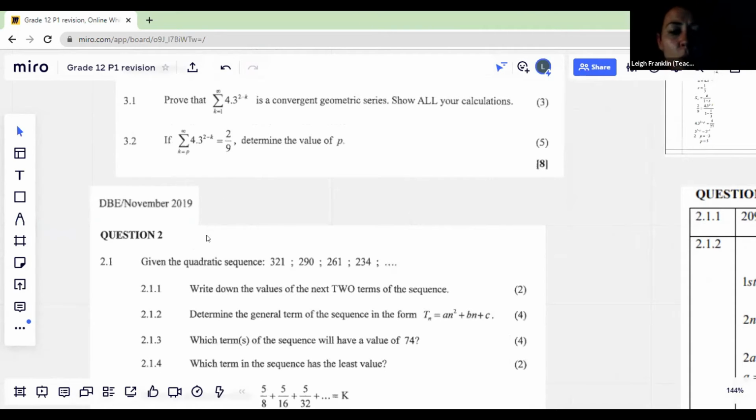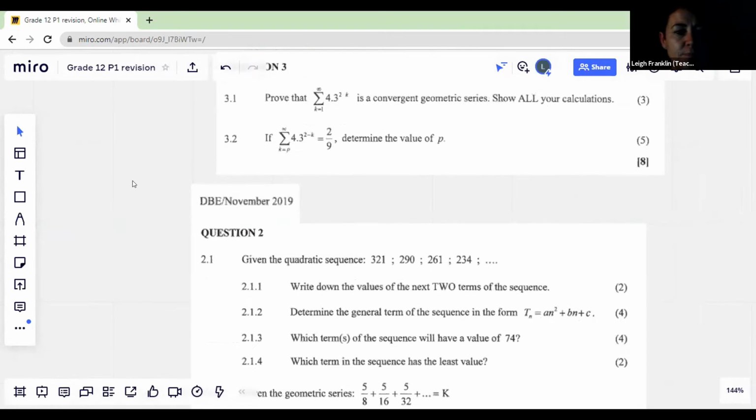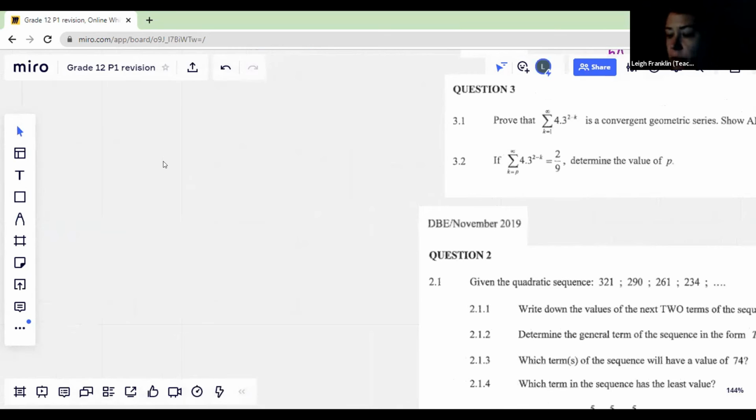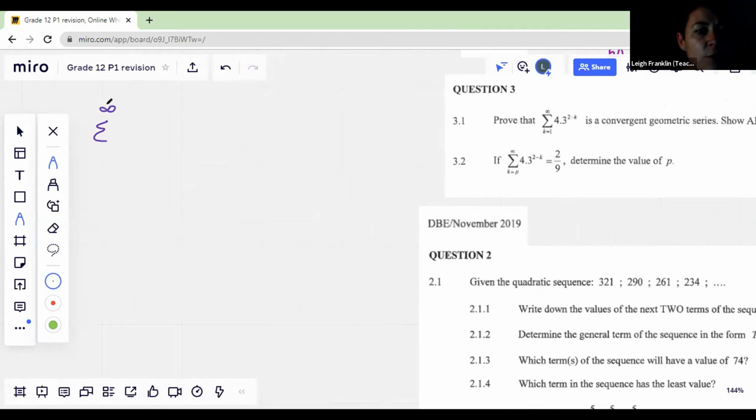All right, no problem. So going back to what we were talking about before, let's just clear some space over here. When we have sigma notation, if we're talking about sum to infinity, we would have an infinity symbol on top. And the first number that we would substitute into our rule would be the number underneath. So we could work in terms of K, we could work in terms of P, they could literally give you anything.